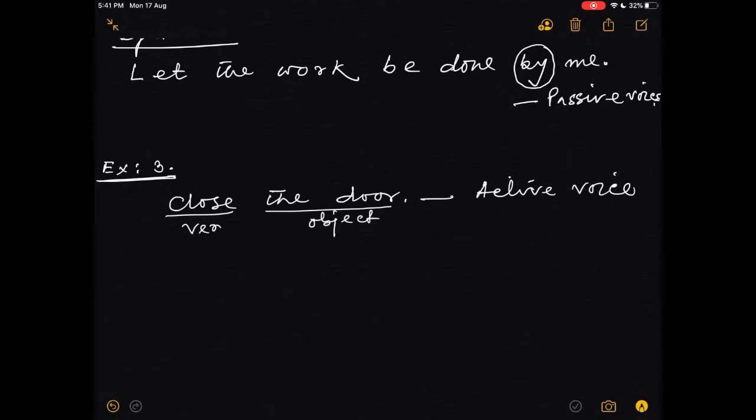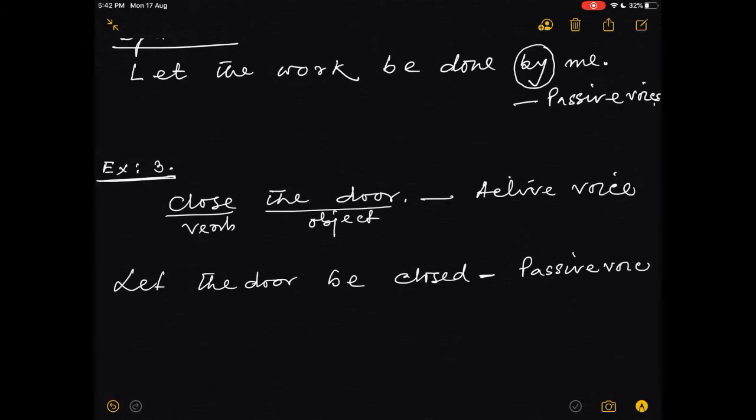Use the syntax and it will become let, then the object, let the door be closed. Passive voice. Let the door, object, closed, and this is the be.